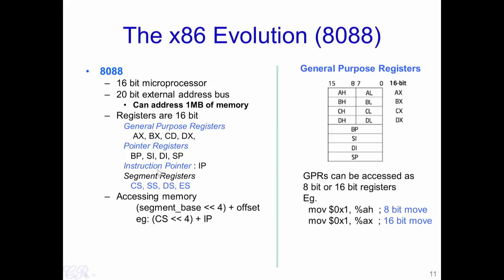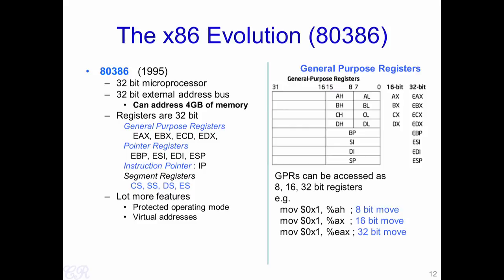In this way, even though the registers used are 16-bit, so each of these registers, CS and IP, are 16-bit, still by shifting it by 4 bits and adding the IP, it was possible to address 2 power 20 memory locations.